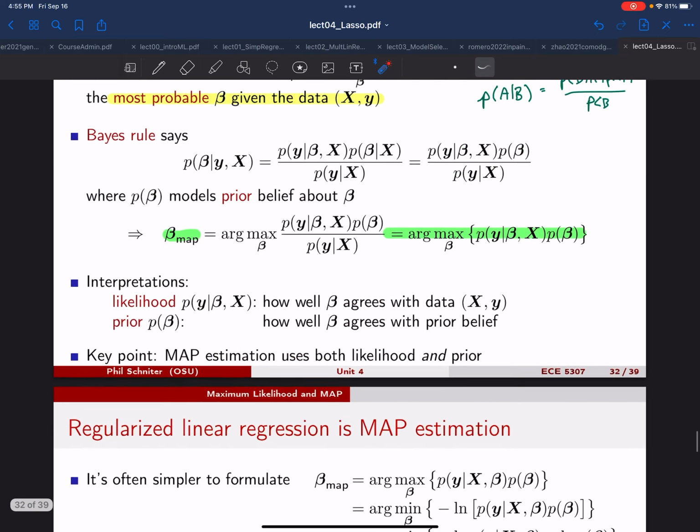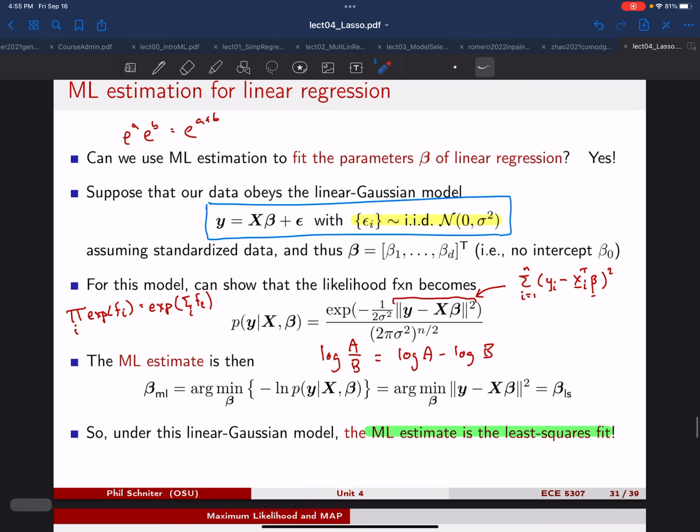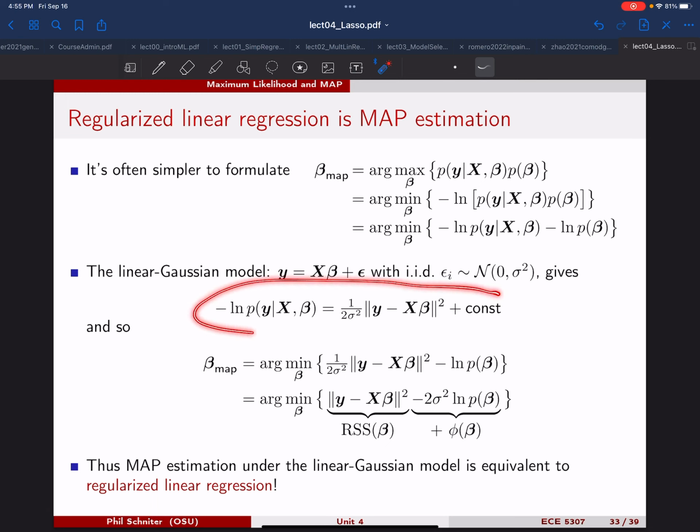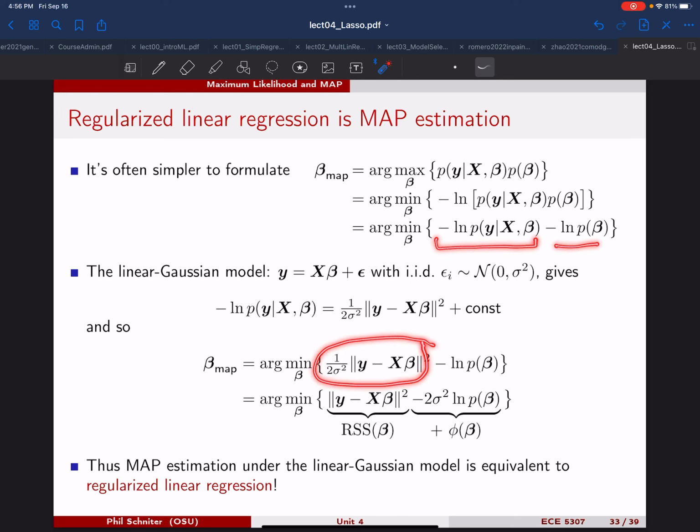The constant comes from these terms. Okay, so this is our negative log likelihood, just this quadratic plus a constant. And then let's just plug that in for this. So here we have a quadratic, and we still have this minus log of probability of beta.